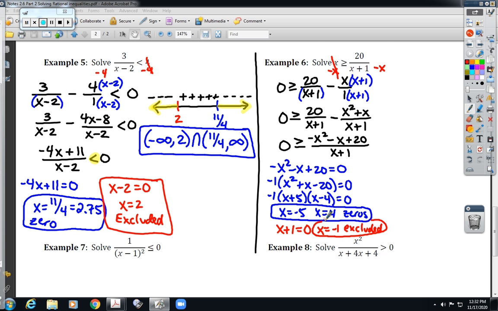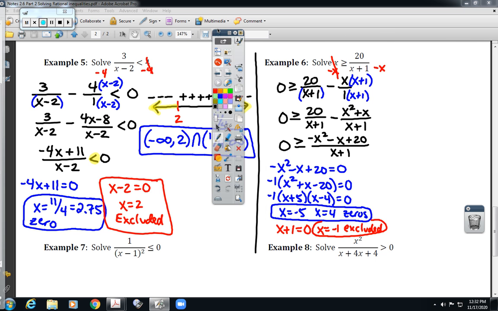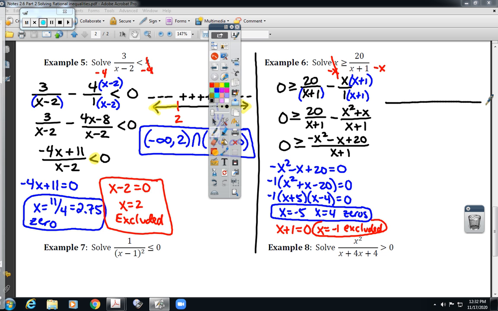So on our sign chart, we have to look at those three values. We have our excluded value of -1 and our zeros of -5 and +4. And we go in and we pick values, we plug them in, we find whether it's positive or negative. Same thing we've been doing. Okay?